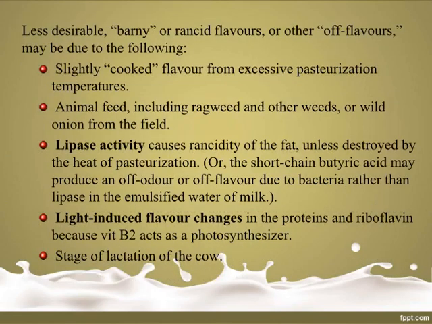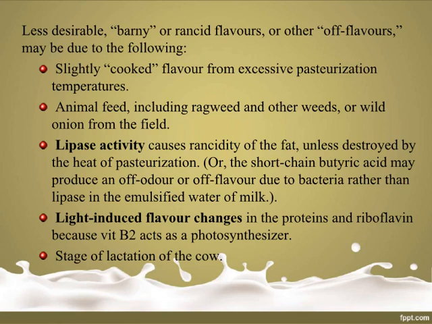Less desirable, barny or rancid flavors, or other off flavors, may be due to the following: slightly cooked flavor from excessive pasteurization temperatures, animal feed, including ragweed and other weeds, or wild onion from the field. Lipase activity causes rancidity of the fat, unless destroyed by the heat of pasteurization.